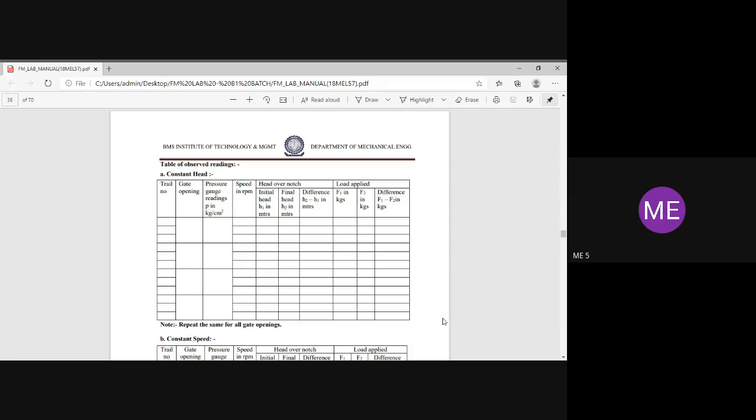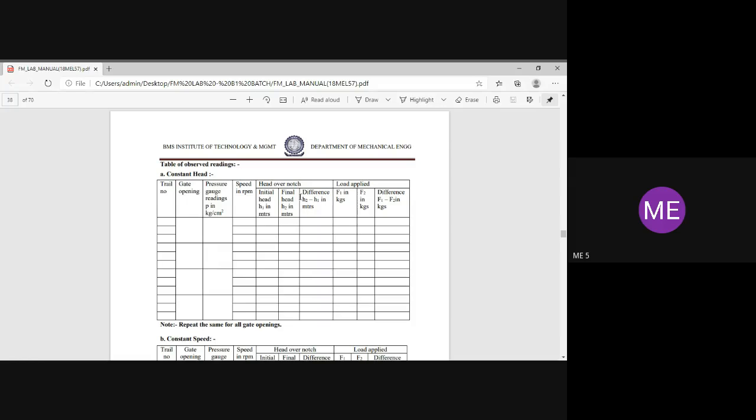First, you note down this tabular column: trial number, gate opening, pressure gauge reading in kg force per centimeter square, speed in RPM. In constant head, the speed varies, and in constant speed, speed remains constant and the head varies.